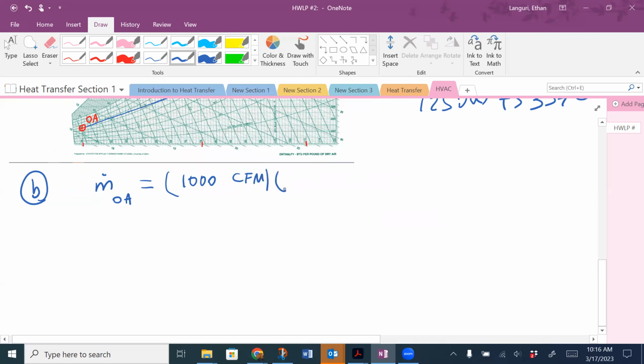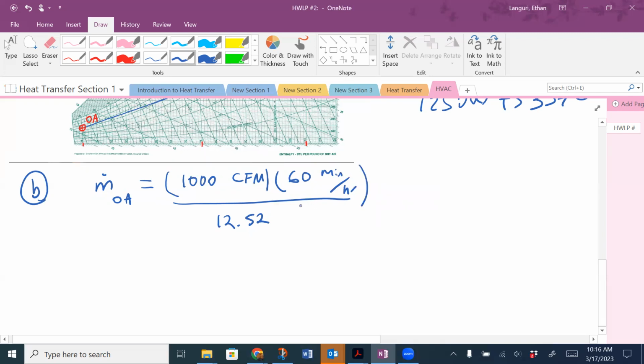And on the side chart, I can find the specific volume, 12.52. I'll show you. And I multiply this by 60 to convert from minute to hour.